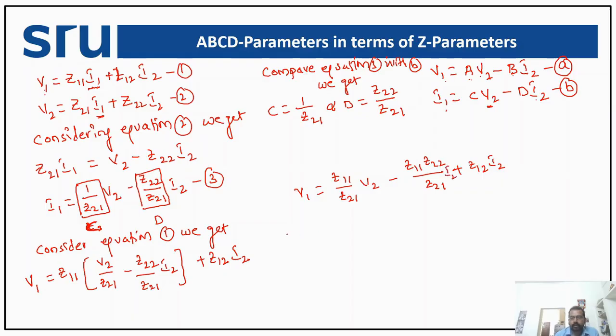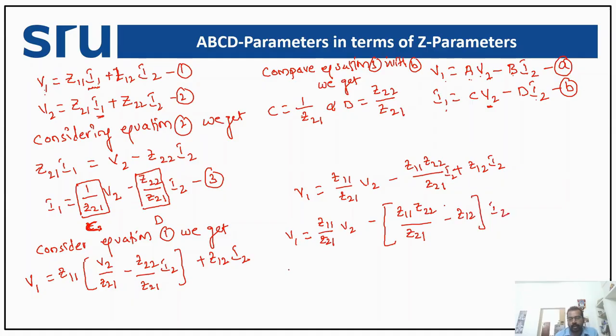Okay, so my V1 is equal to Z11 by Z21 V2 minus, taking I2 common, Z11 Z22 by Z21 minus Z12 I2.